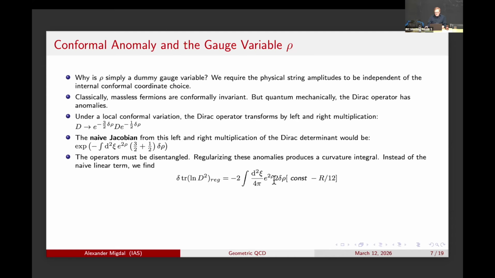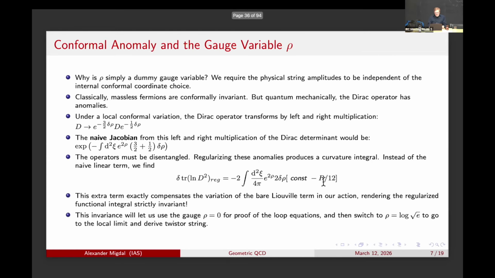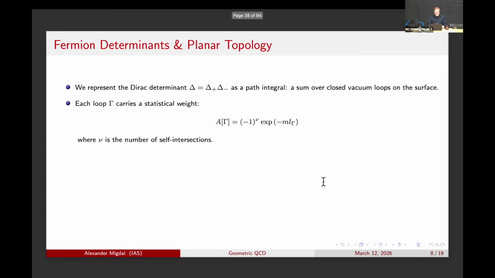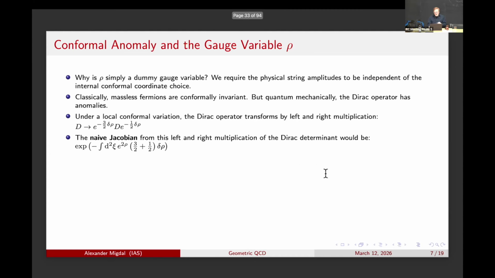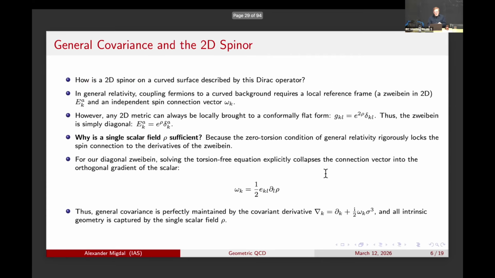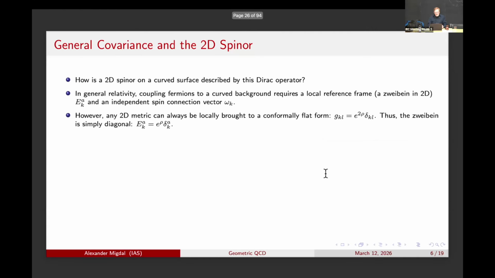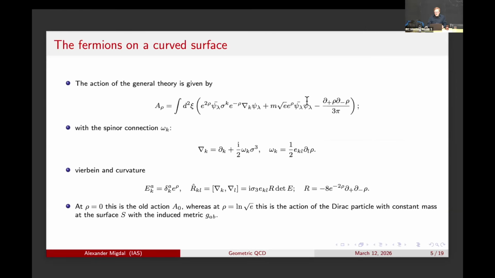So variation with respect to rho gives you curvature. So all we need to do, if we want to compensate that, is to find another term, the variation of which also reduces to the curvature with opposite sign. And when you do that, we find this Liouville term. So this term, minus exponential of 2 rho times curvature, is exactly compensated by the variation of this Liouville term, this one.